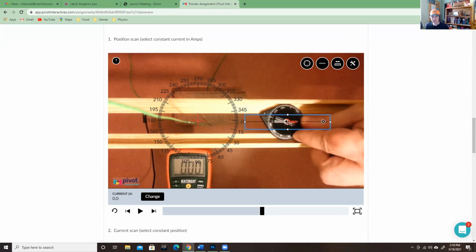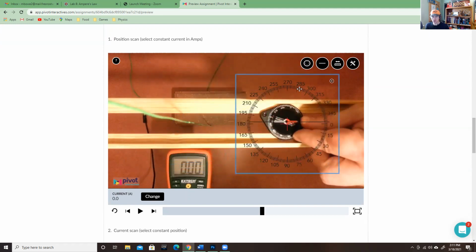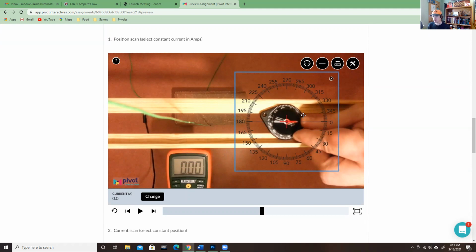Let's put that the best we can, lining it up with the center of the needle. And then we place the digital compass on top of the plastic compass. And we line the centers up like that. Now we can measure the amount of deflection of the needle. You can see on the right side, it's at 0. So there's 0 deflection.